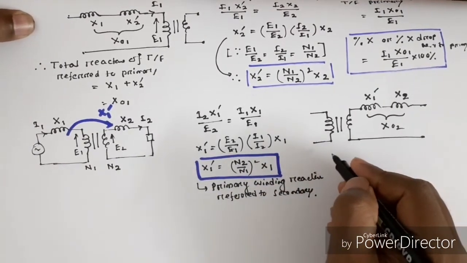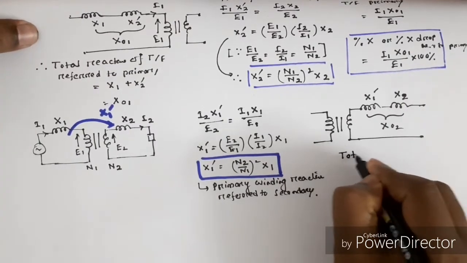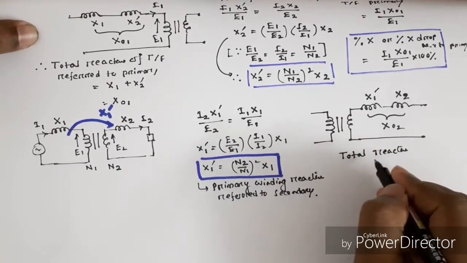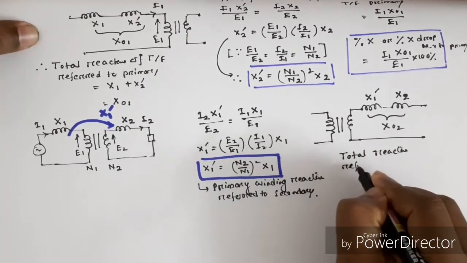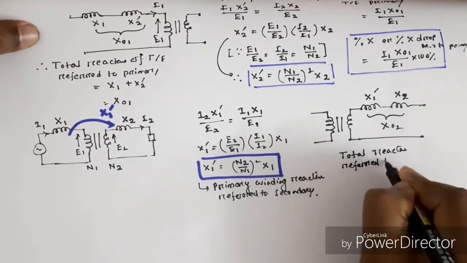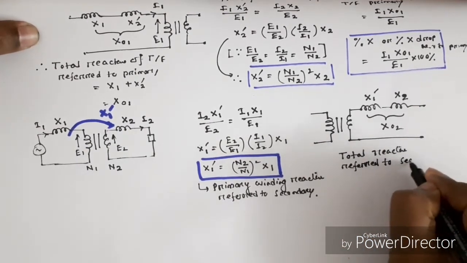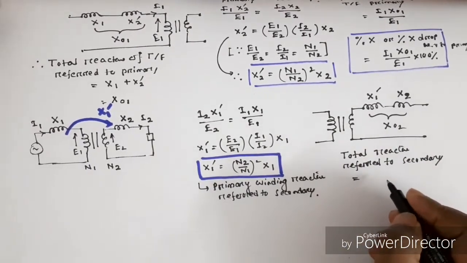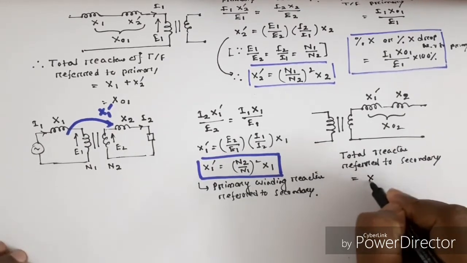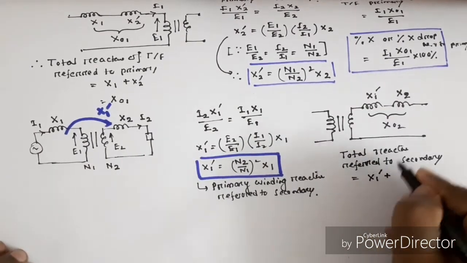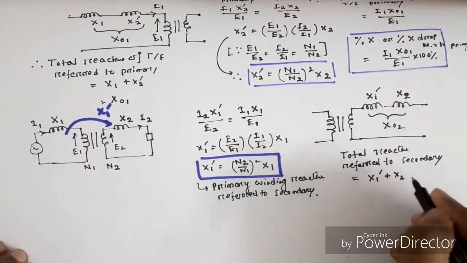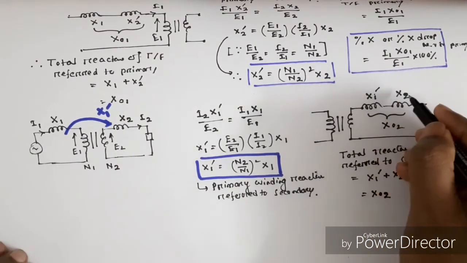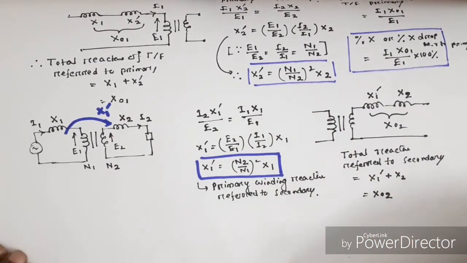Therefore, total reactance referred to secondary is equal to X1 dash plus X2, that is equal to X02.